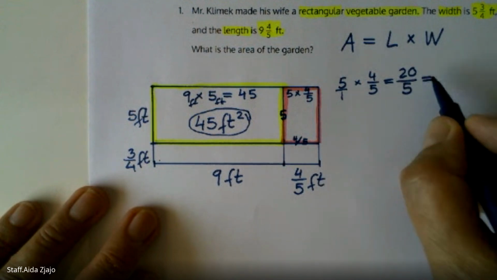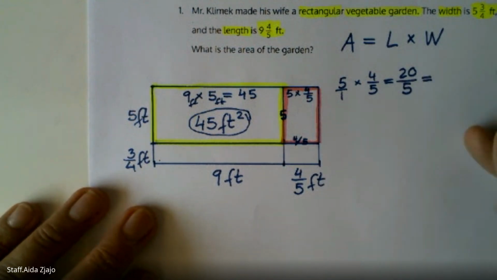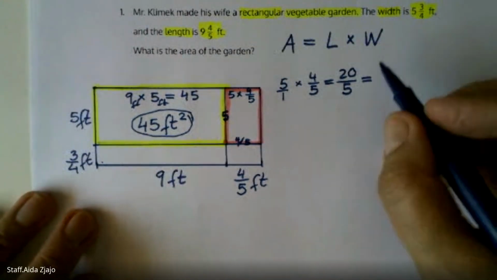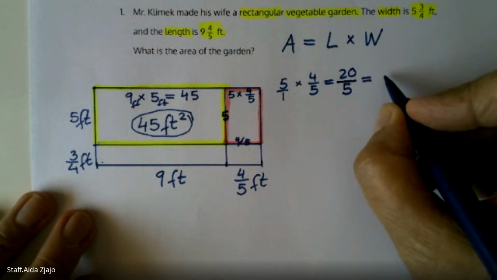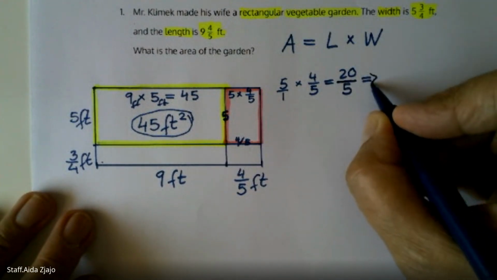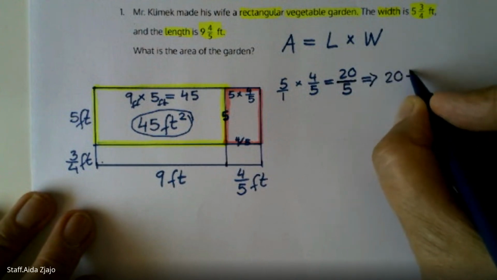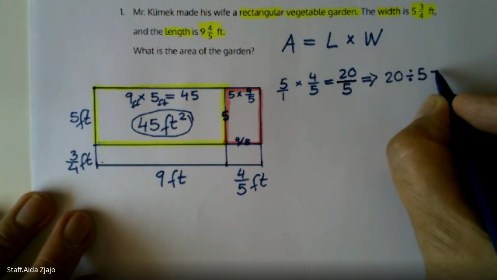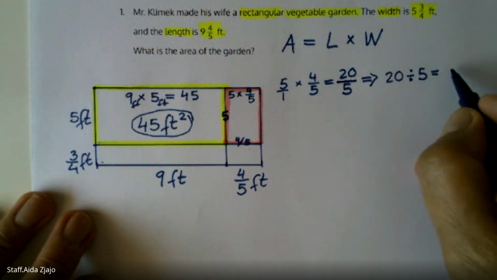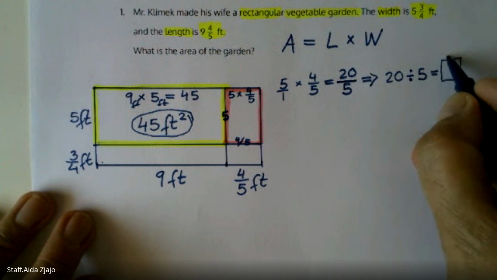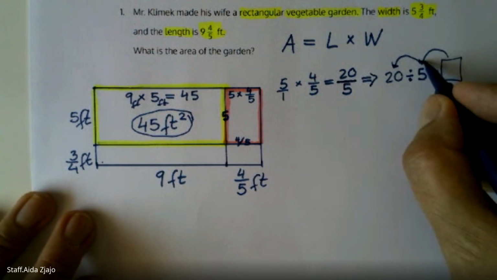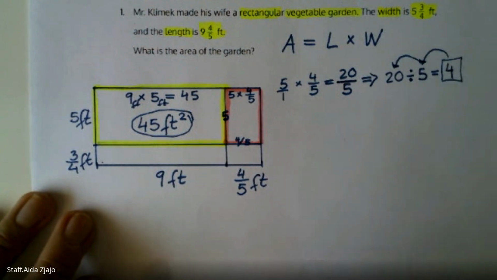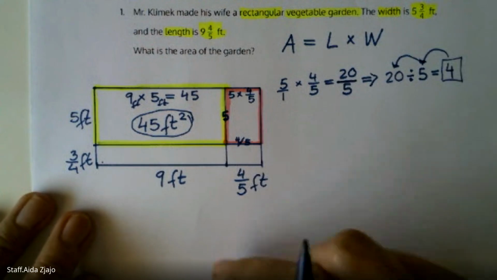That gives me 20 over 5, and this line is a division line, so it is the same as 20 divided by 5. You can think, what number times 5 equals 20? That is 4. That's one way to see it.